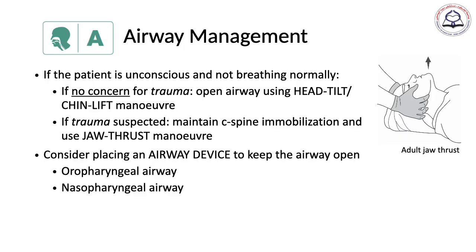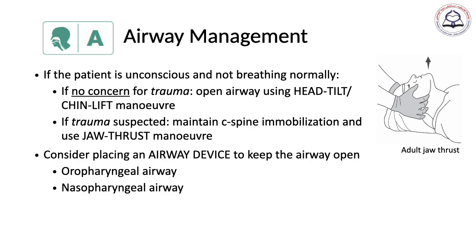If the patient is unconscious and is not breathing normally, you can open the airway with the head tilt chin lift maneuver. When you do this maneuver, you want to make sure there is no concern of trauma. If trauma is suspected, then you have to maintain C-spine immobilization and you open the airway by the jaw thrust maneuver.